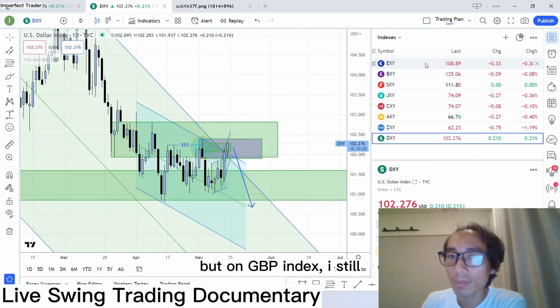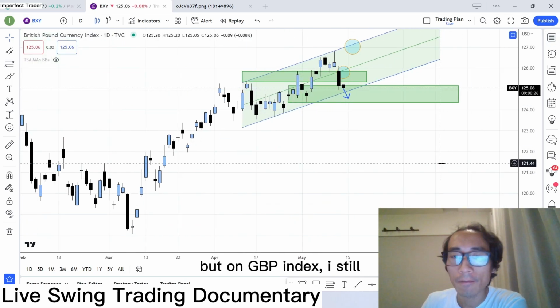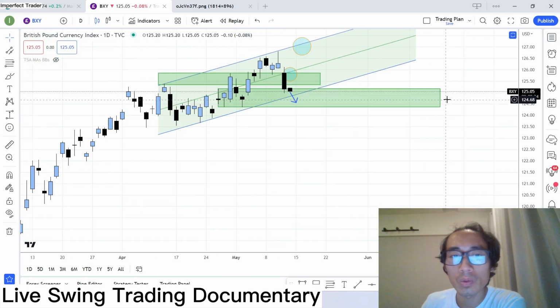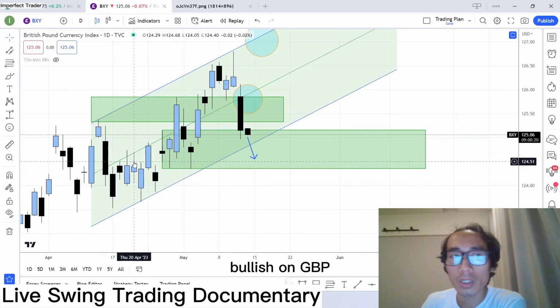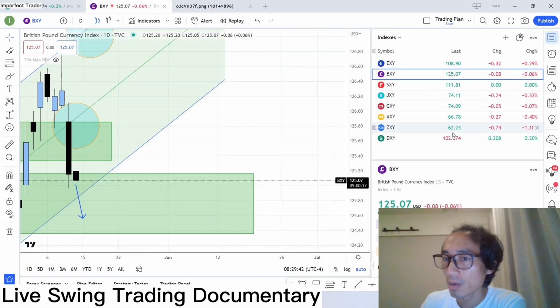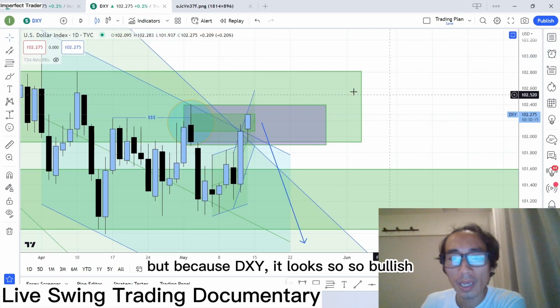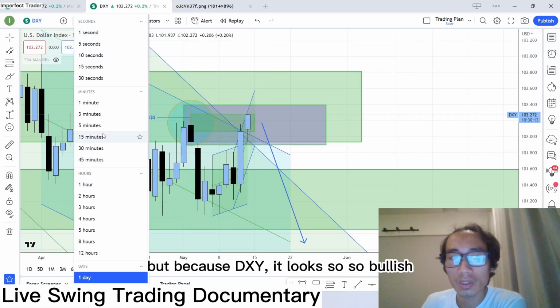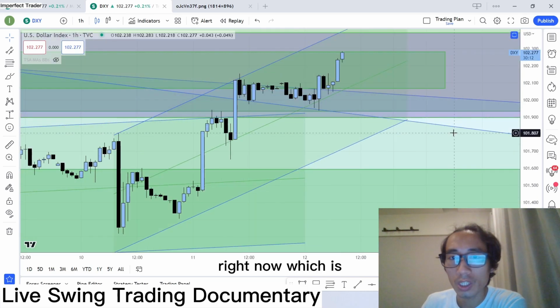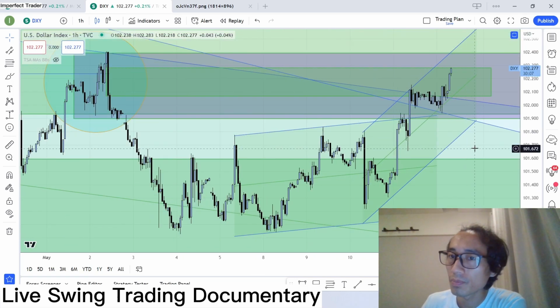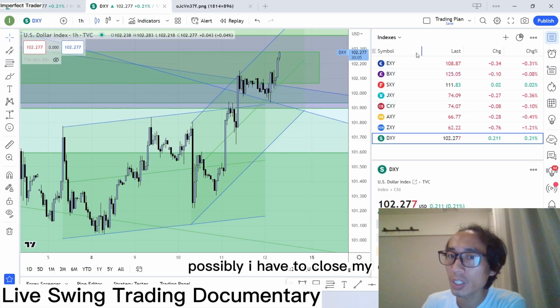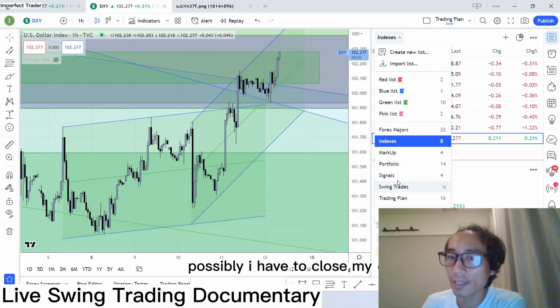So this actually looks so bullish to me. But on the British pound index, I'm still bullish, but because the DXY looks so bullish right now, possibly I have to close my GU.